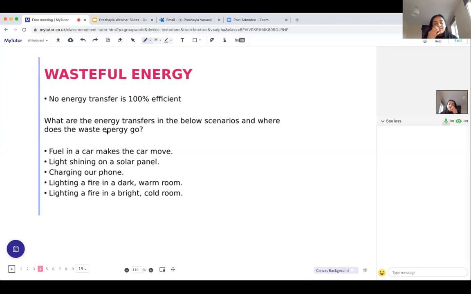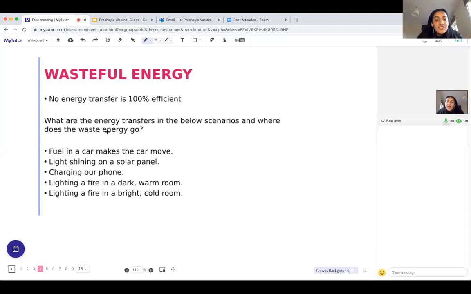So we need to think about energy transfers and where the waste goes. For these 5 scenarios, I want us to think about what the energy transfers are and where the waste energy goes. For the first scenario, we have fuel in a car making a car move.